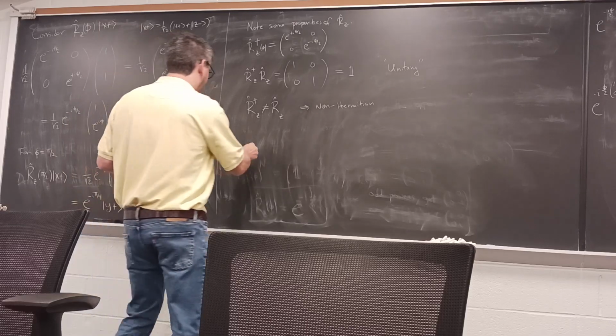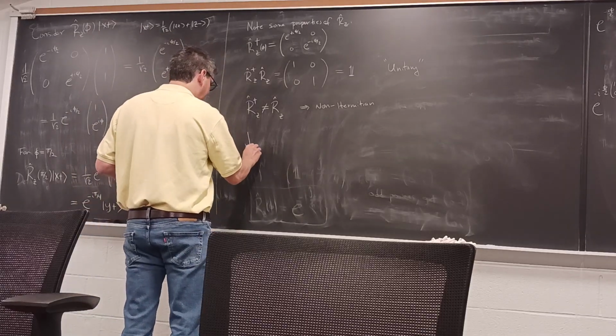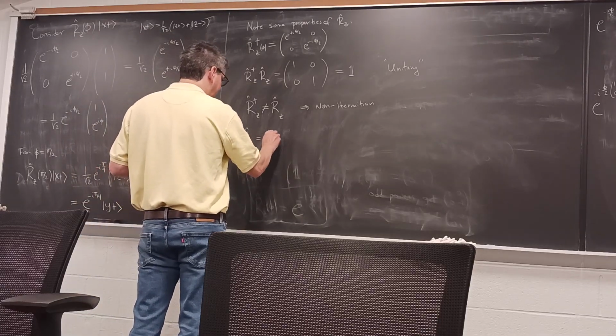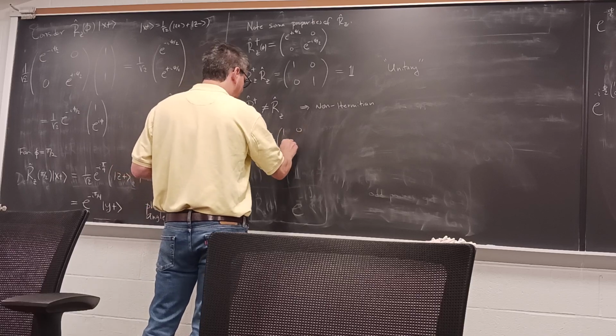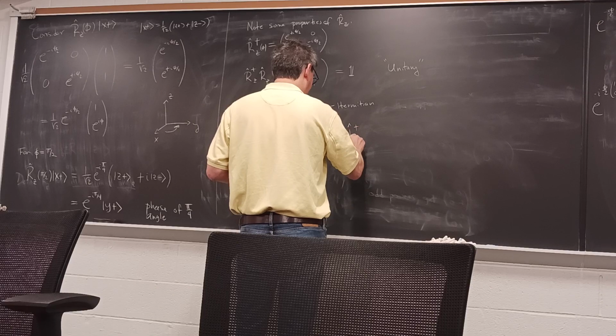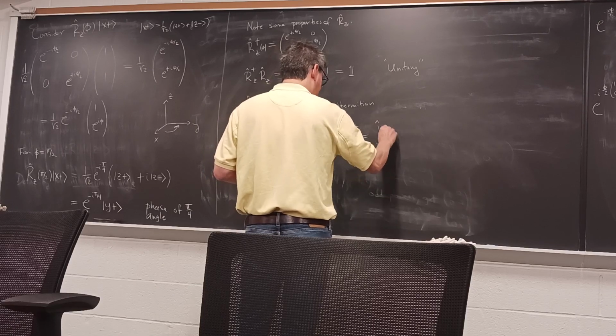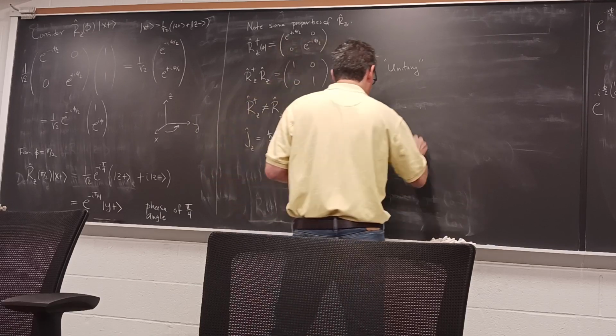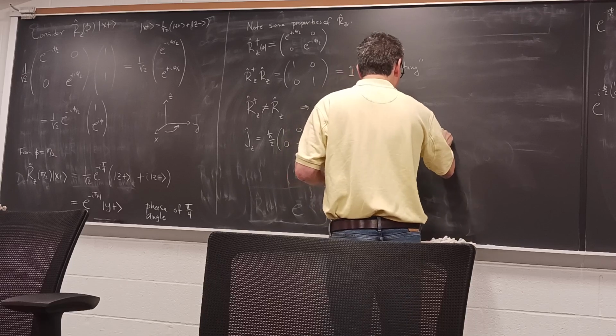But we do know, for example, let's look at Jz. Jz was h bar over 2 times 1, 0, 0, minus 1. And we do have J hat dagger z equals J hat z. So that's Hermitian.